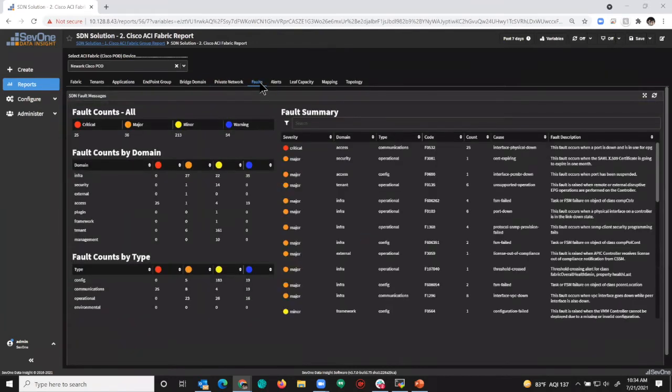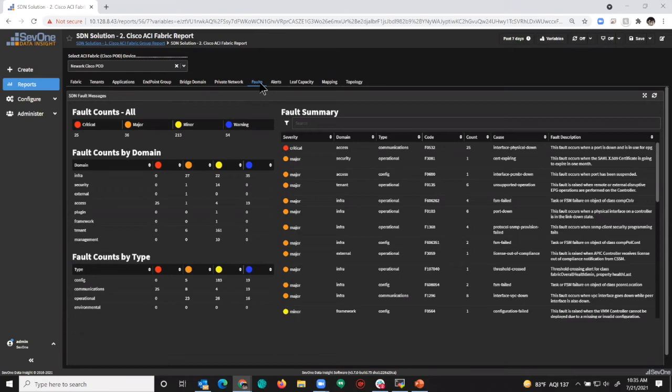Another piece, and this is where we get into the health score a little bit more, is that health score is determined and calculated based on the faults that are outstanding for a device from ACI. Essentially, we pull this data in from ACI. So this is a real-time display. When I hit this, it went out and gathered this data.